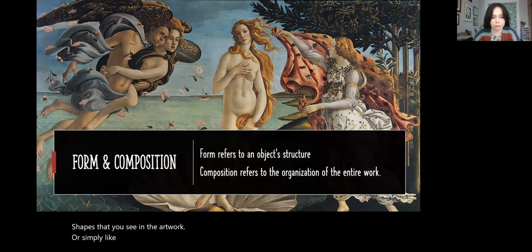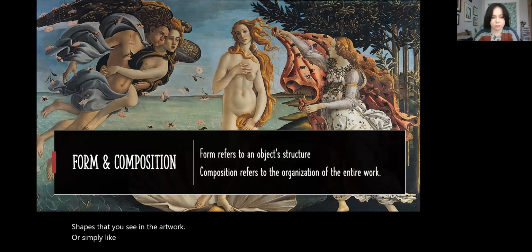But with more organic shapes like people and animals and trees, we can still talk about them in terms of basic geometry. How round, how curvy, how circular, how triangular. Because as we'll find, Renaissance artists love to incorporate geometry even into paintings of organic, non-geometric forms.